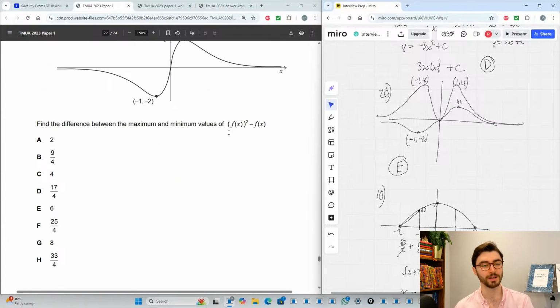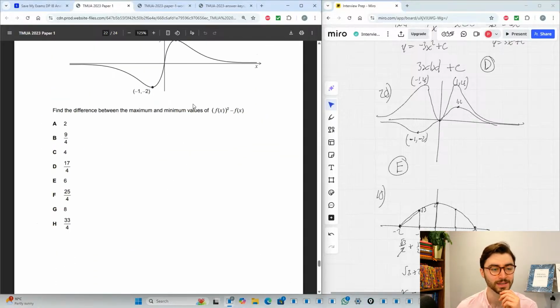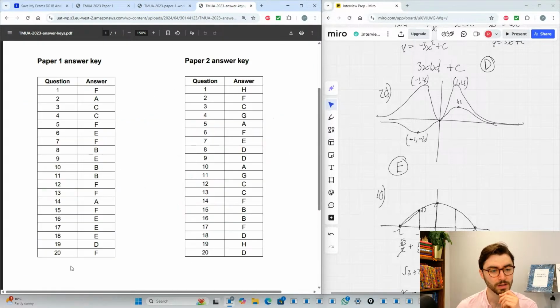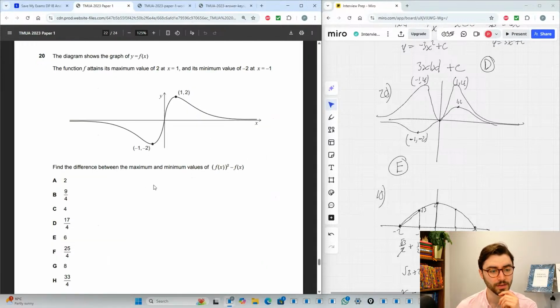Now this one, I liked this. I liked it. I thought I'd done well. What did they say the answer was? 20 was F. Well, it's definitely 0 there.